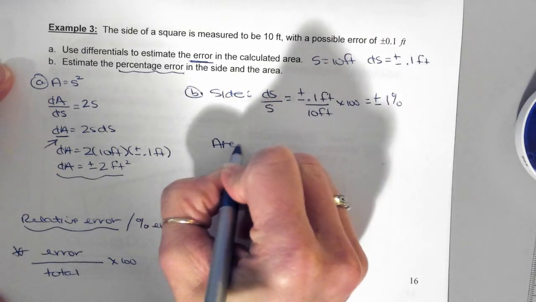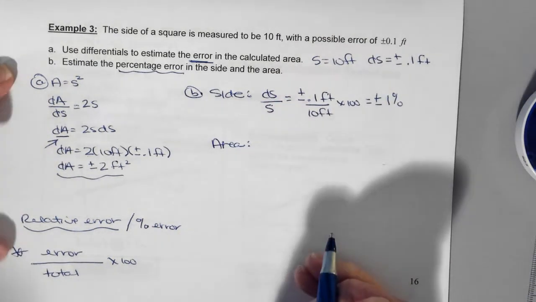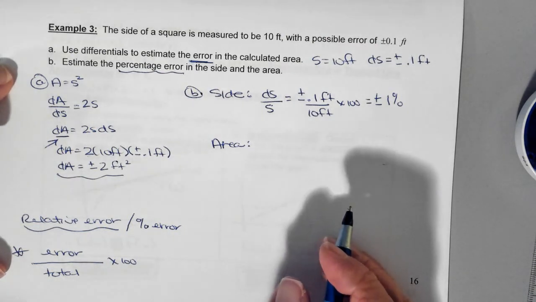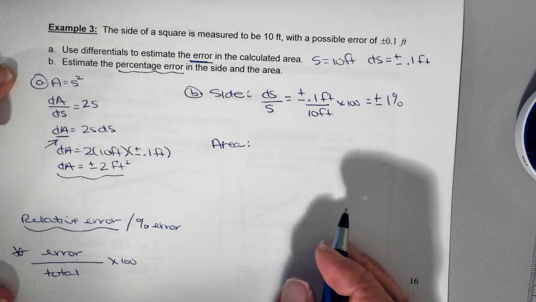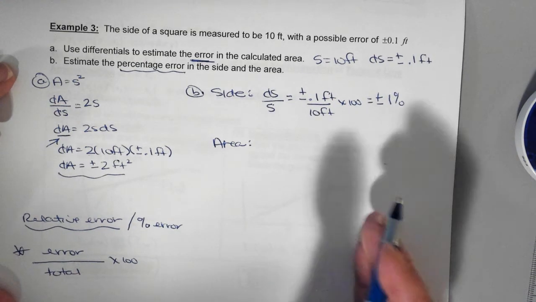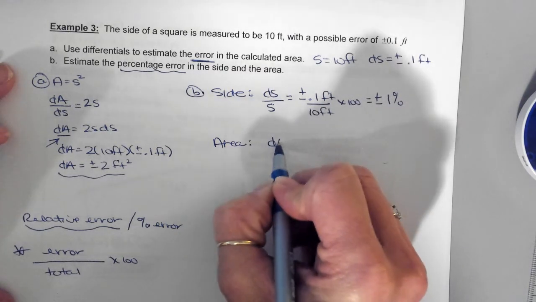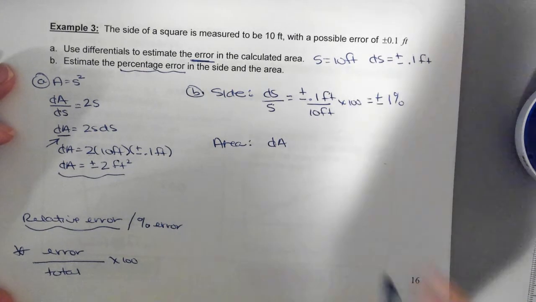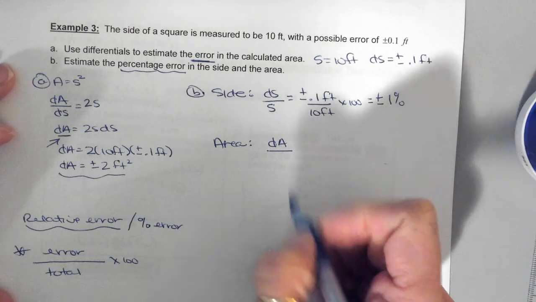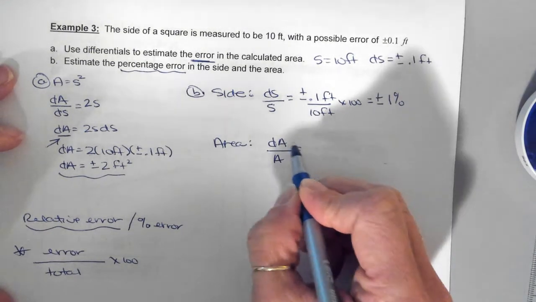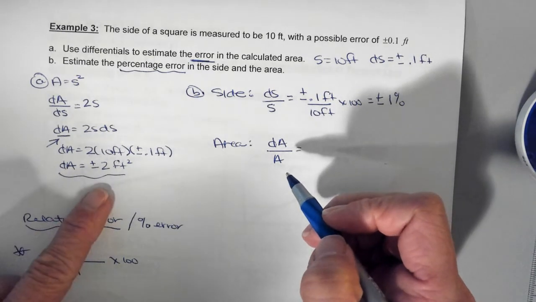For the area, we're going to follow the same thing. So if we want the total error or change in the area, how do I represent that? With just dA, right? Possible change in the area over, what'd you say? The area? Yeah, over the area. Okay, so in this case, we know what dA is. We found it. It's over here, right?